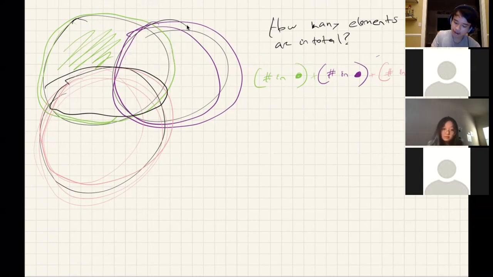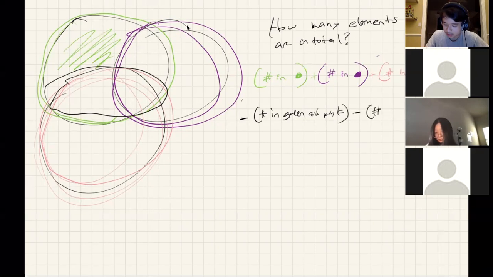So now we subtract the number in the green and pink, minus the number in the purple and pink, and then minus the number in the green and purple.